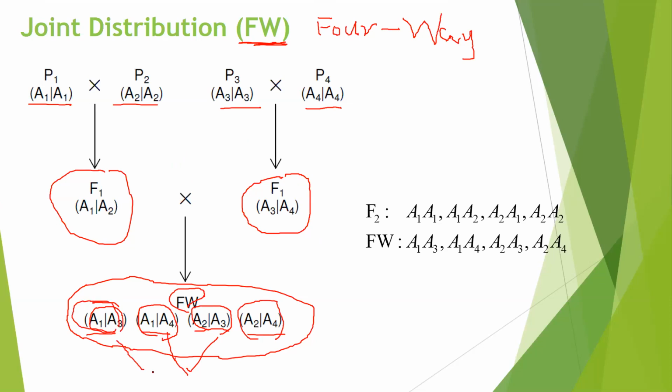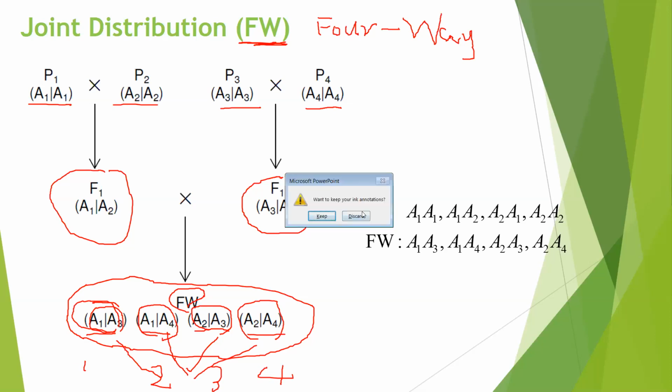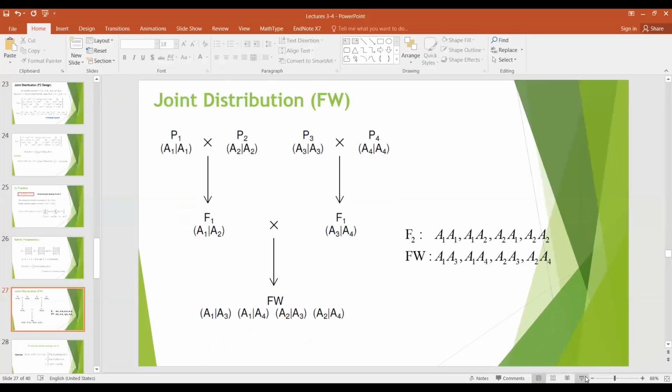So if we check the genotype for any progeny, we can easily give it a number, either 1 or 2 or 3 or 4, because they are completely distinguishable. This is the most clearly designed experimental plan. Is that clear?